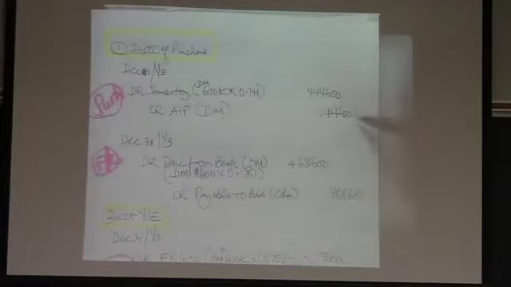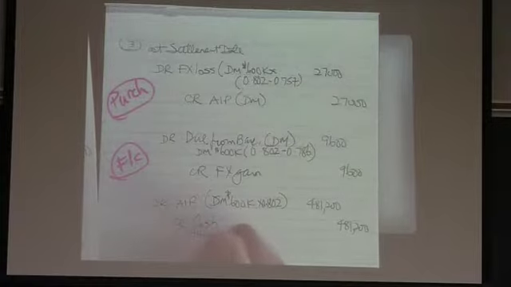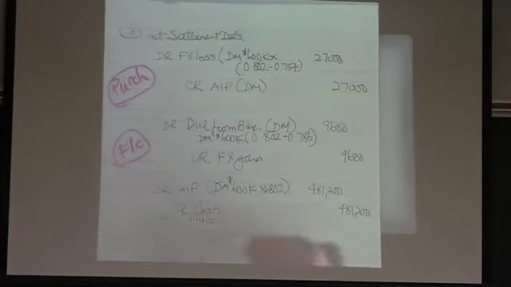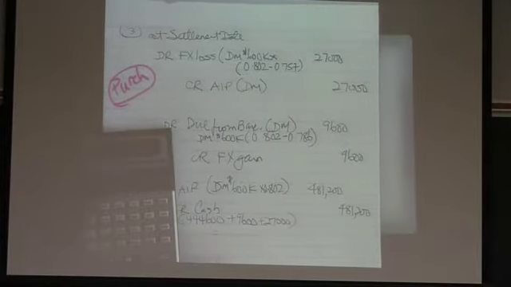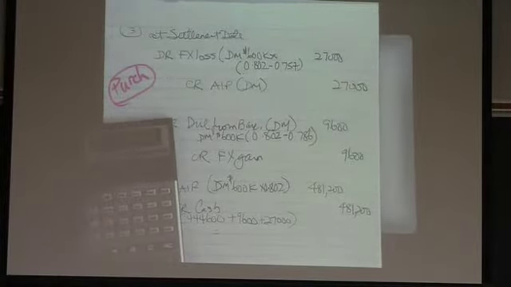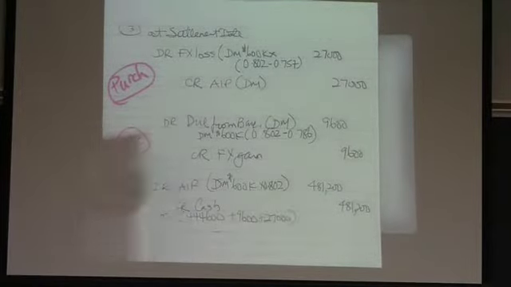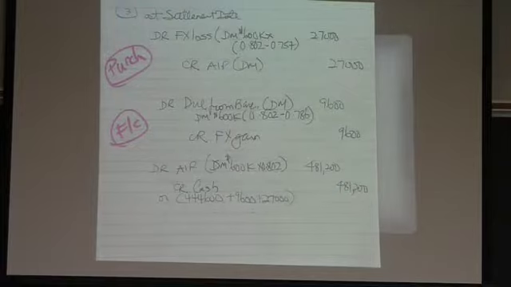You've got 444,600. Then we increase that liability. So you can either do it this way, or you take the 444,600, then you add 9,600 and another 27,000 for further loss. So you get 444,600 plus 9,600 plus 27,000. You get 481,200.